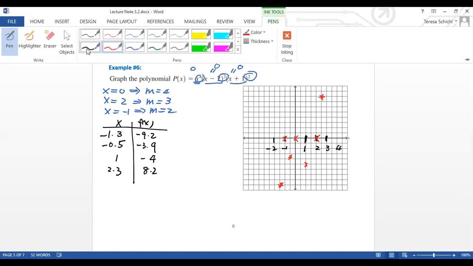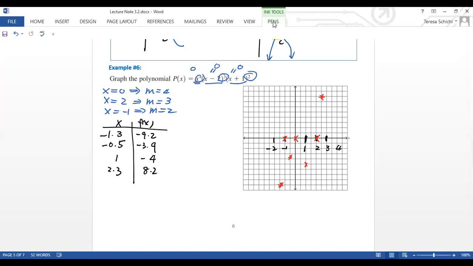And now take a look. Let's see what the degree and end behavior are here. Let me erase those marks so you can see. What is the degree? This is 4, this one is 3, and this one is 2.